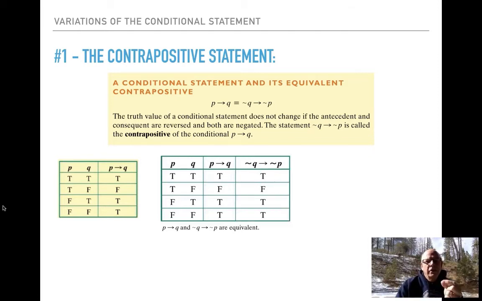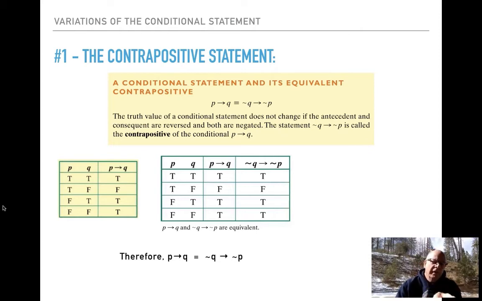If we take not Q, so if we just switch each of the Q's and then switched each of the P's and put them into that yellow table, the original conditional statement table, this is what the truth table would end up being. It would end up being true, false, true, true. And so those two statements do end up being equivalent to each other.